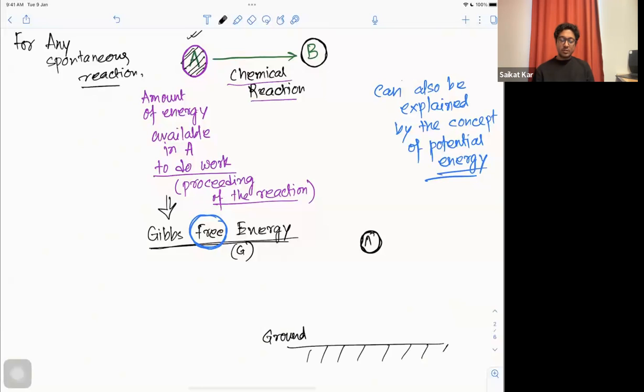This is ground. So if we drop A, say A is a ball now. So we are comparing it to an object. Suppose a ball is released. Now what will happen?